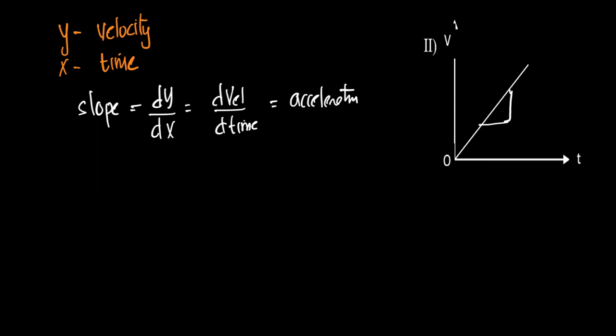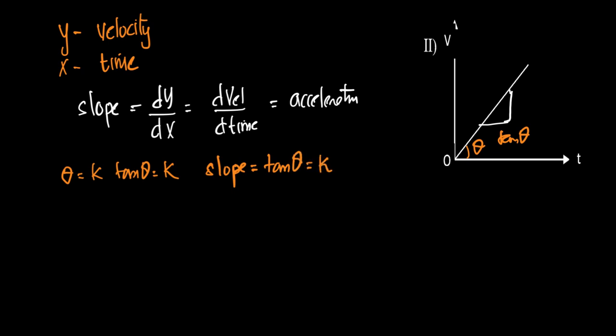Now see, here the graph is going such that there is always one slope of theta, right? So the slope here is tan theta, and since theta doesn't vary, since theta is equal to constant, tan theta is also equal to constant. Now if theta is constant, if tan theta is constant, slope is equal to tan theta is equal to constant.